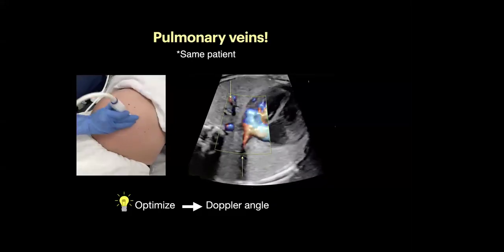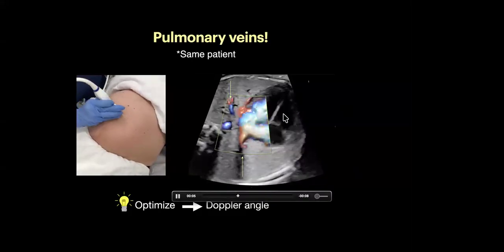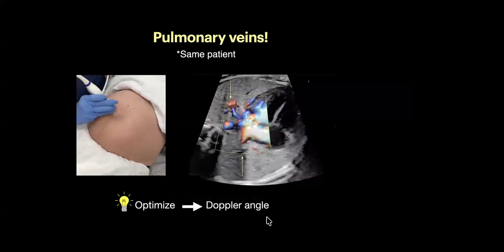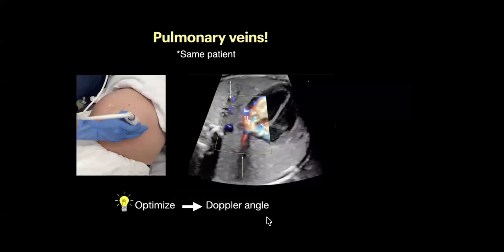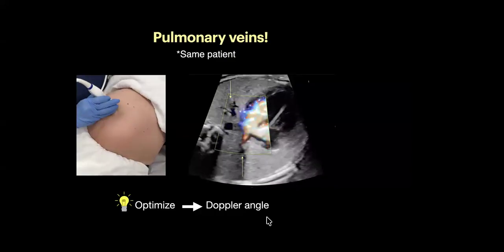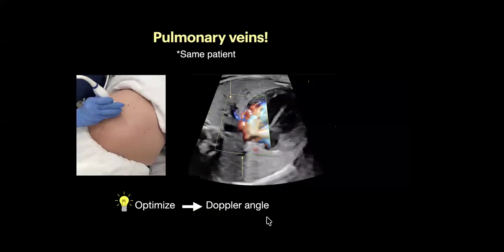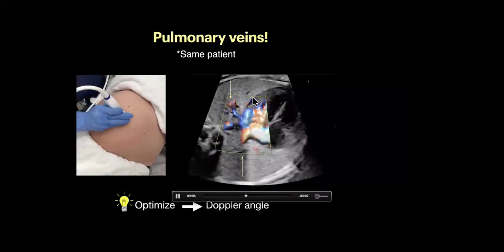So you have to keep in mind, and this is actually the same fetus, that in these orientations, going back to basic ultrasound physics, the course of blood flow should be nearly, if not completely, parallel to the angle of inclination to really show the filling of these vessels.